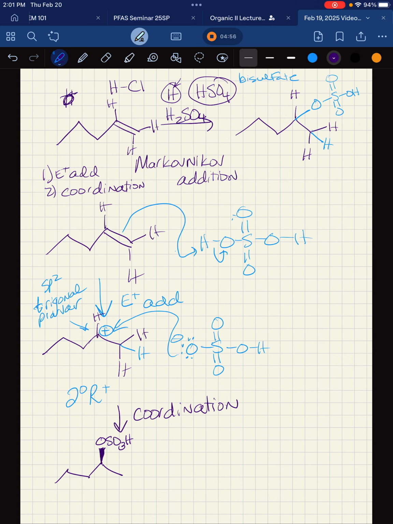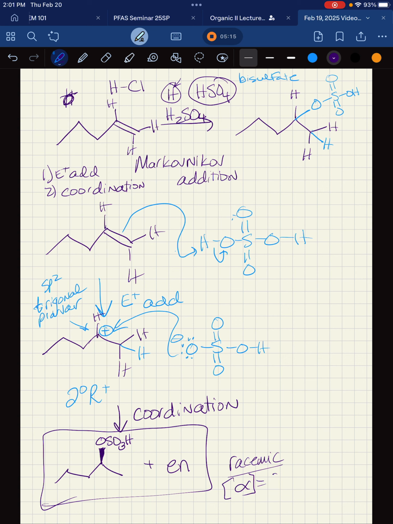And this would be our final answer. This would be racemic, and therefore, since it's racemic, we have an even mixture of the two enantiomers. So the specific rotation would be 0 degrees for the optical rotation.